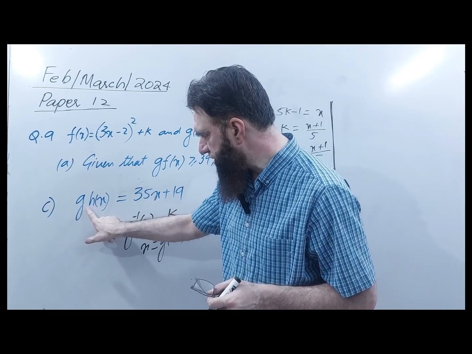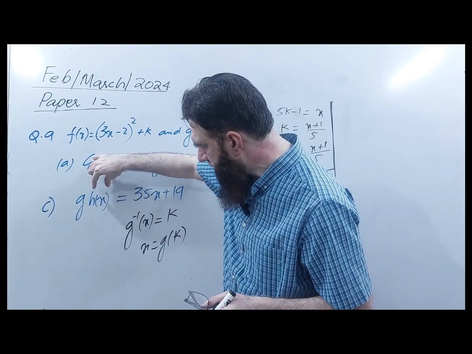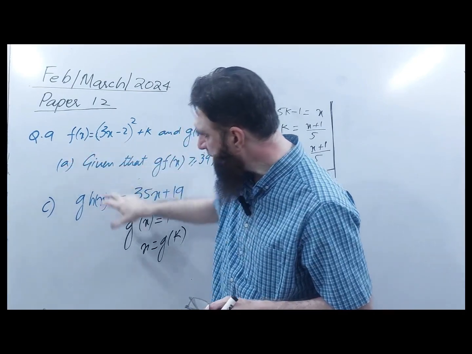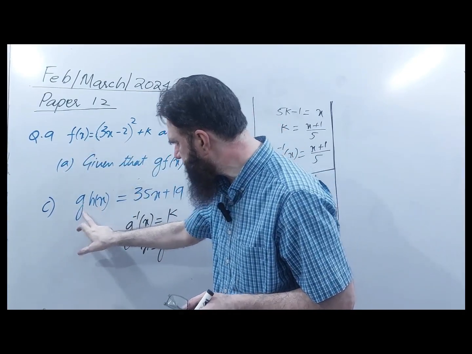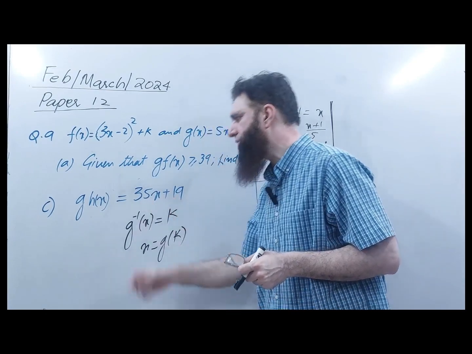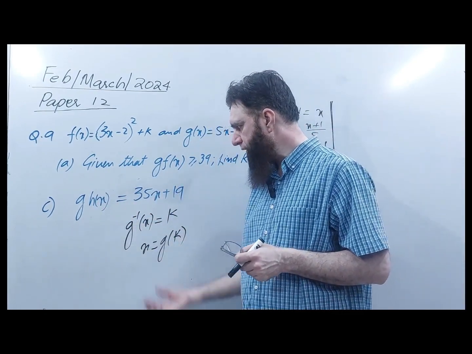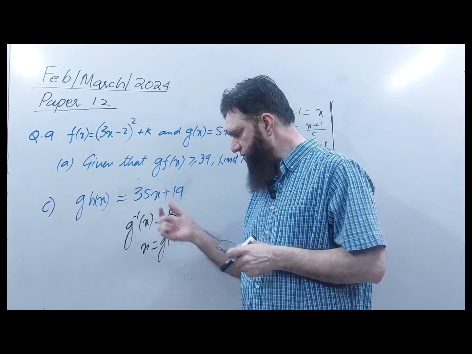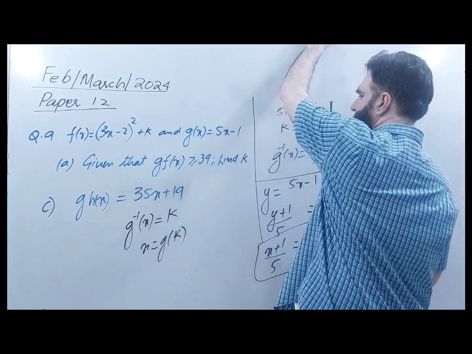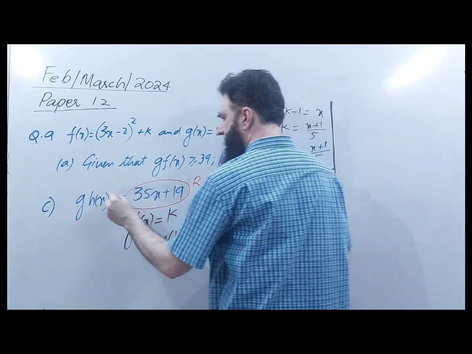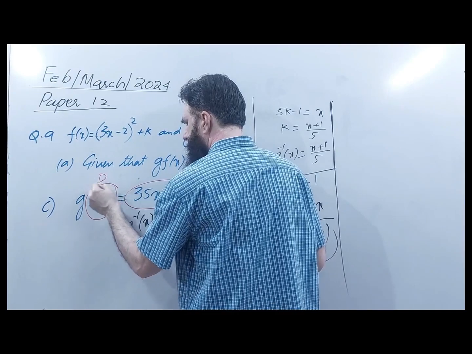So in this g(h(x)), you have inserted h function into g, so h(x) becomes the domain. When you put h function in g, what you get is the range. So for the original function, h(x) is the domain, and this value 35x plus 19 is the range.